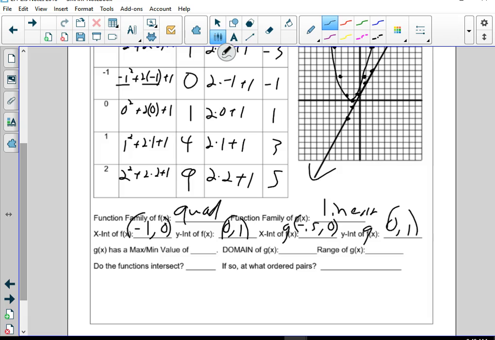We're just approximating. Now, g of x is our line, so it does not have one. The domain of g of x is all real numbers. The range of it is all real numbers. Do they intersect? Yes, they do. At 0, 1.